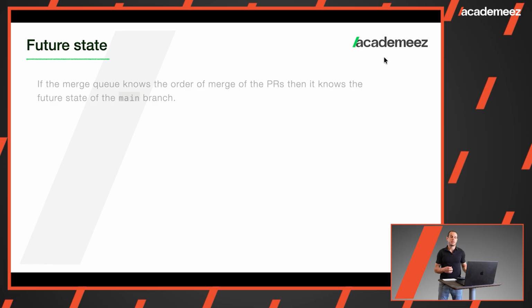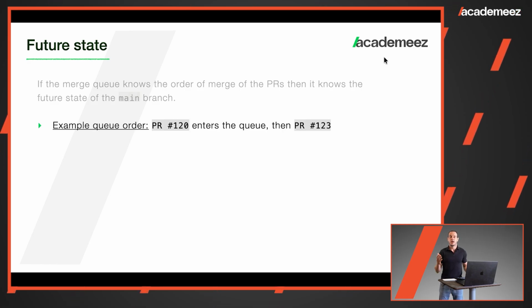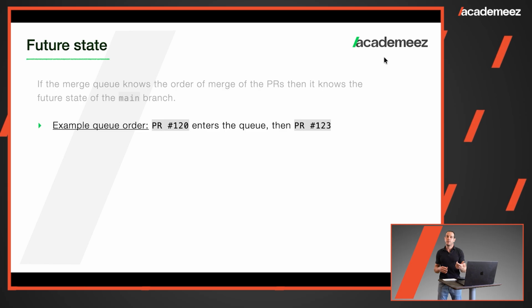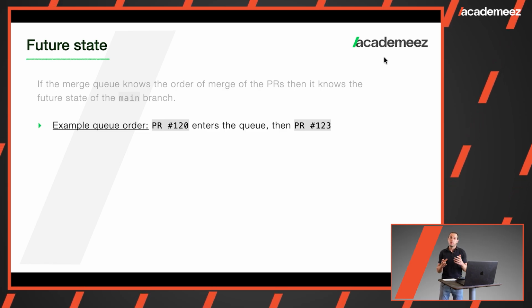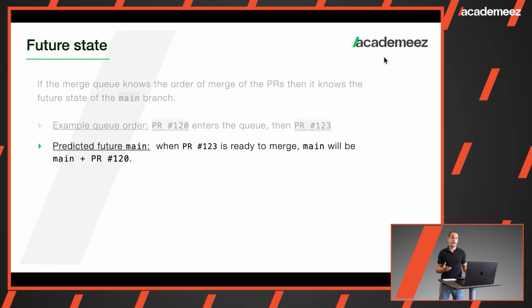So if the merge queue knows the order of merge of the PRs, then it knows the future state of the main branch. For example, if the PR with ID 120 enters the queue first, and right after that, the PR with ID 123 enters the queue, the merge queue knows the order. First, I'm going to merge PR 120 and then 123. I know the order, I know the future state.